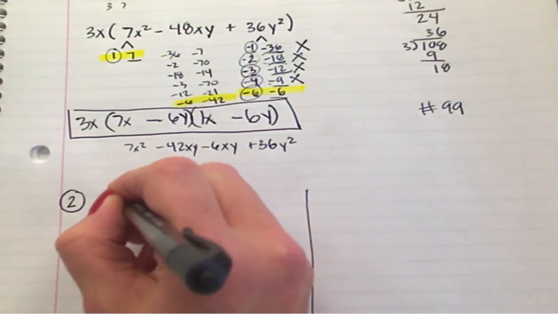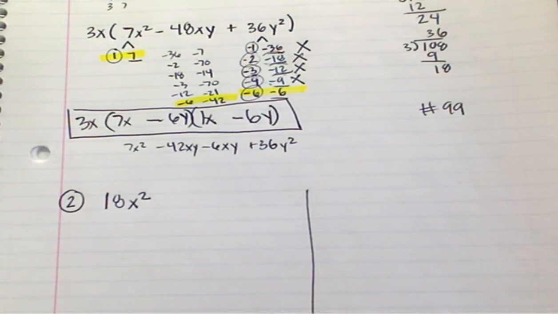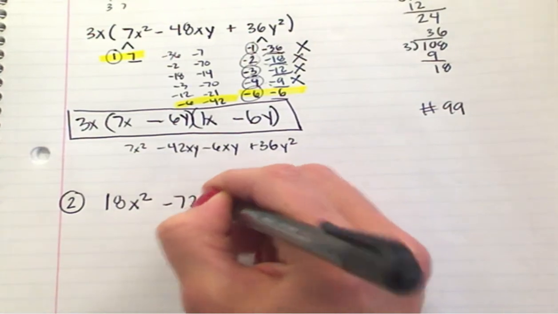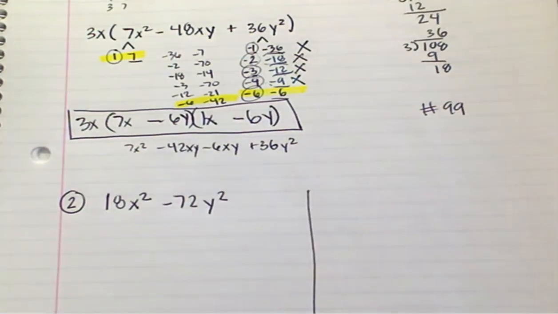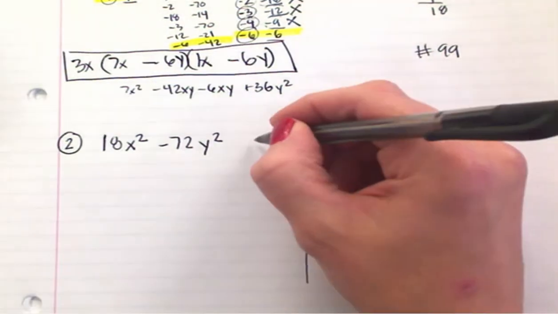Okay. 18x squared minus 72. Right? You got to pick numbers that make you think a little bit. Okay? Go through the numbers at the top of your page. What do you do first? It's number 1 on the list.